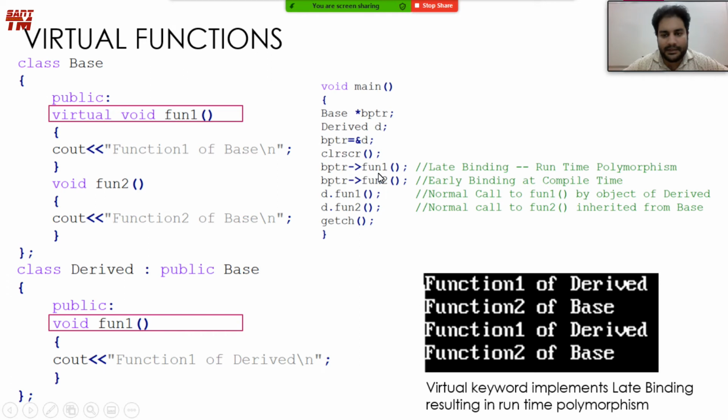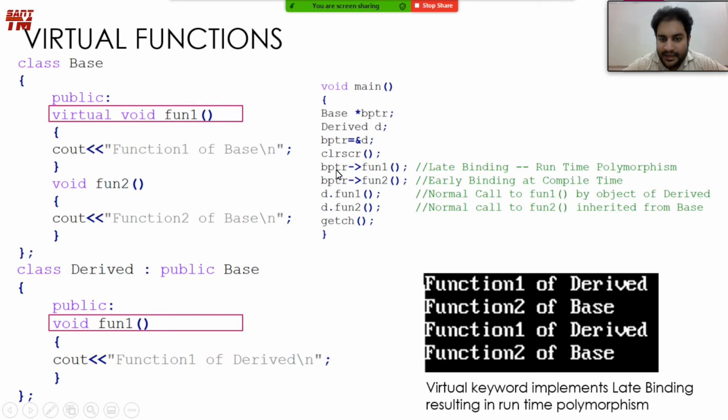So what will happen? bptr is the pointer of the base class, obviously, as here it is base star bptr. But bptr is having the address of d. See here, I have assigned the address of d to bptr. So when I invoke fun1 using bptr, what will happen?